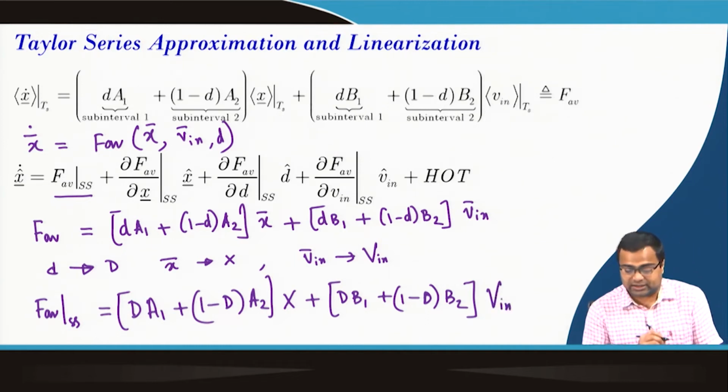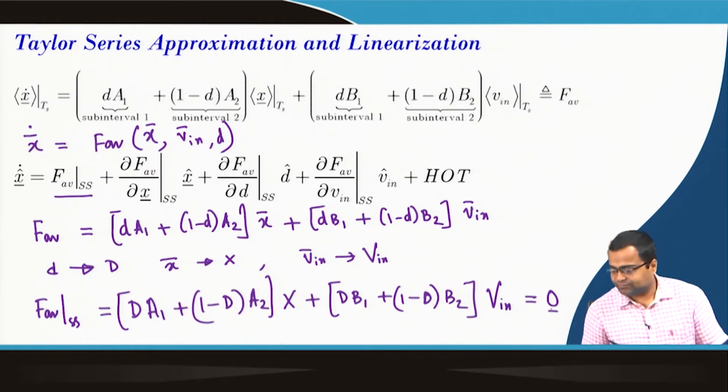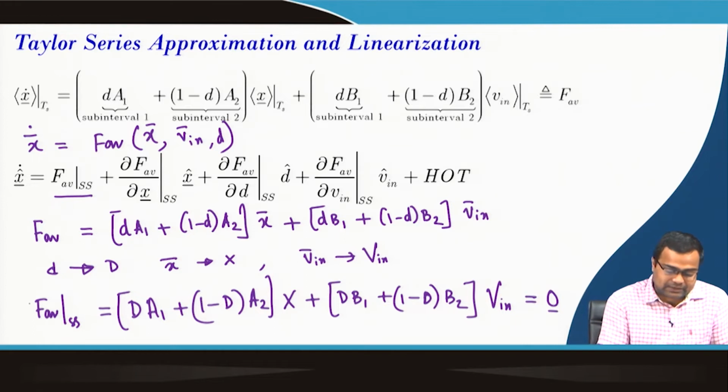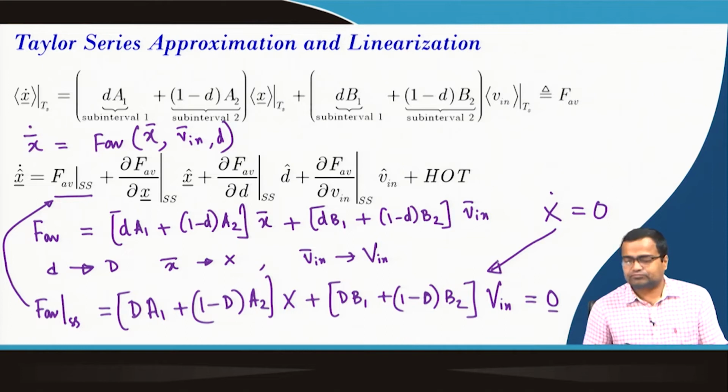This is a steady state quantity, and it can be shown that it will become the 0 vector, because under steady state the derivative x dot is 0, and this gives us this equation.